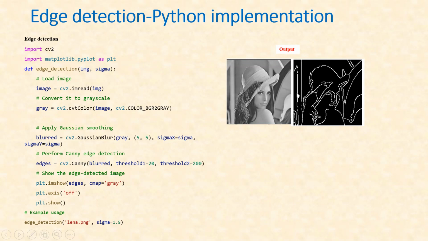And before we apply it, we had to apply the Gaussian filter so that we can remove the intrinsic noise from the image. And then we applied a sigma scalar value of 1.5 to the image. This is what I came up with from the implementation.